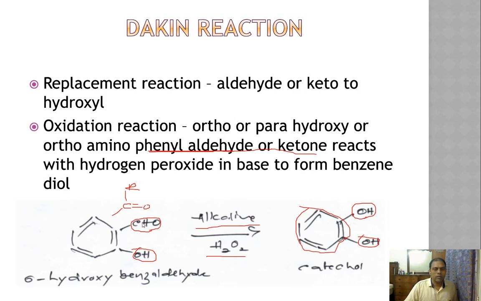For this aldehydic or ketonic group, the hydroxyl group or amine group, you can even take the one with the amine group, this hydroxyl group or amine group should be at ortho position. So this is at ortho position, or this hydroxyl group can be at para position. Only such compounds can give this Dakin reaction.